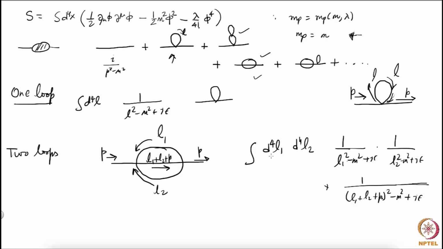So you see 8 powers in the numerator and 6 powers in the denominator. So this will diverge. Okay. And going to any other loop, the same situation. You will see that these are all divergent in the ultraviolet.